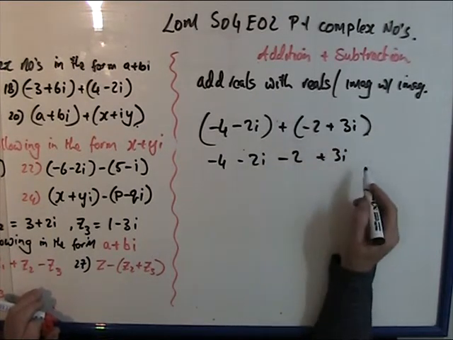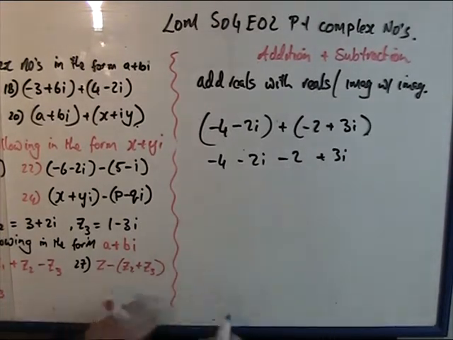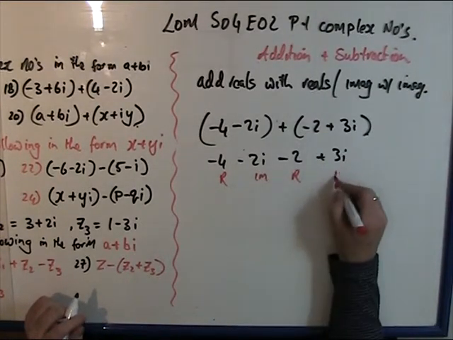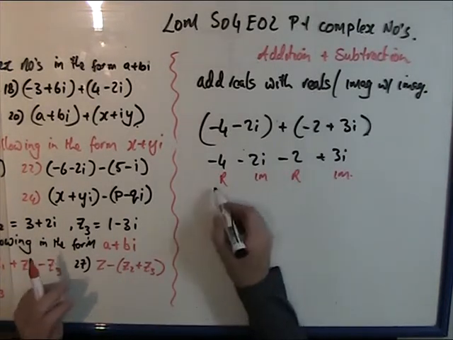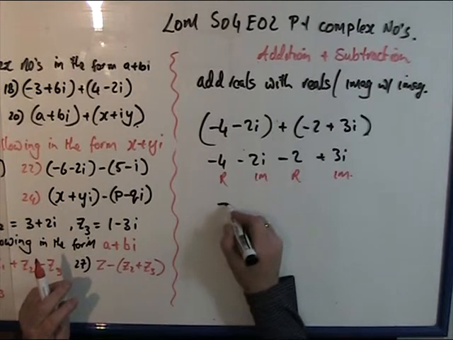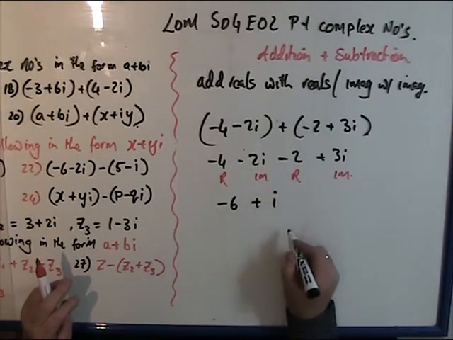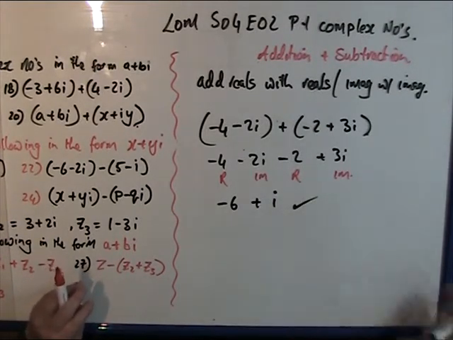I'm multiplying by the brackets, remember. Add the reals with the reals. This is real, and this is imaginary because it's got an i attached. So minus 4 minus 2 is minus 6, and minus 2i plus 3i: take the smaller from the larger, and that's your answer for that one.